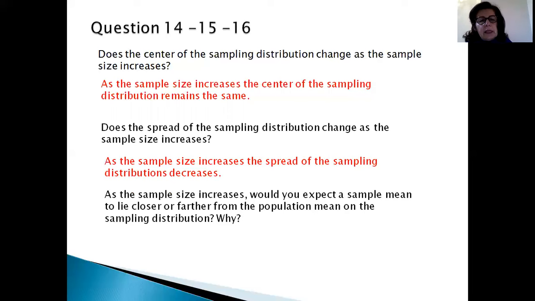As the sample size increases, would you expect a sample mean to lie closer or farther from the population mean on the sampling distribution? Well, standard deviation measures how far the data lie from the mean of the data.